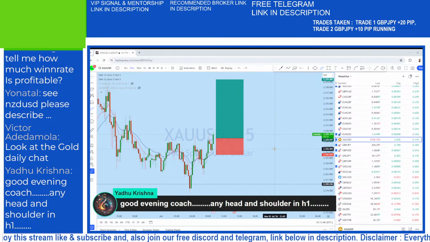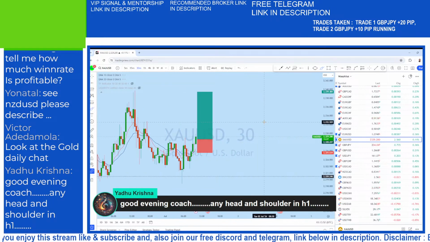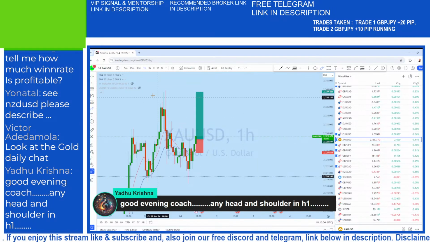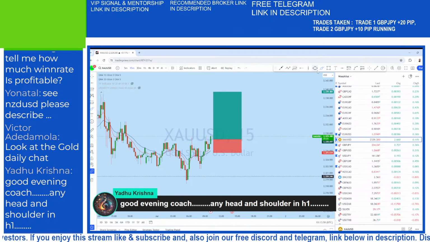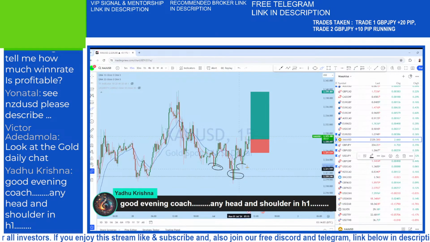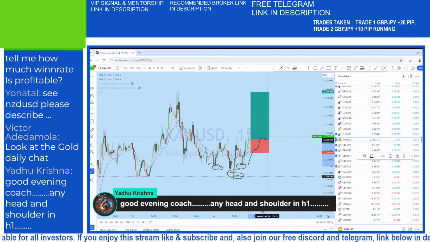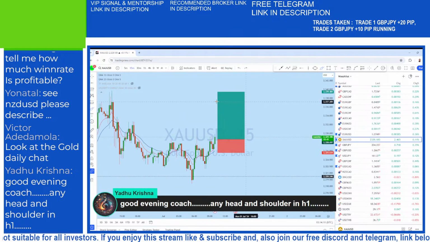If you look at the 30 minutes time frame, 1 hour time frame, and 15 minutes time frame, you can see the market is, if you look at here, head, left shoulder, right shoulder. Which is a very important head and shoulders pattern here, expecting it to bounce back to the upside to create a new higher high.